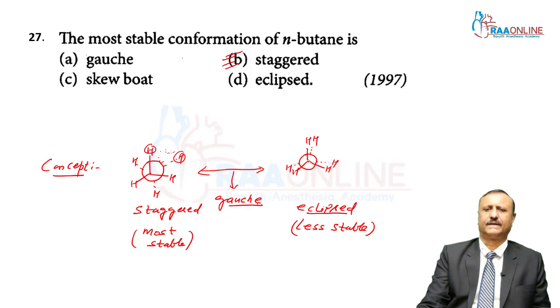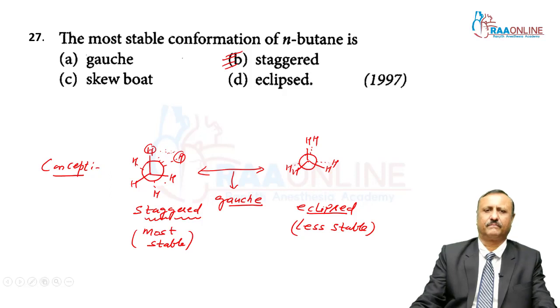I told it's Gechu form, but you can pronounce it Geche form. This gauche form is present between the staggered form and the eclipsed form. So my dear friends, in NEET 1997, the most stable conformation is the staggered form.